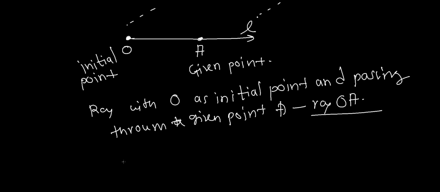It is written as OA with an arrow on its head. That is the symbol of a ray OA, read as ray OA.